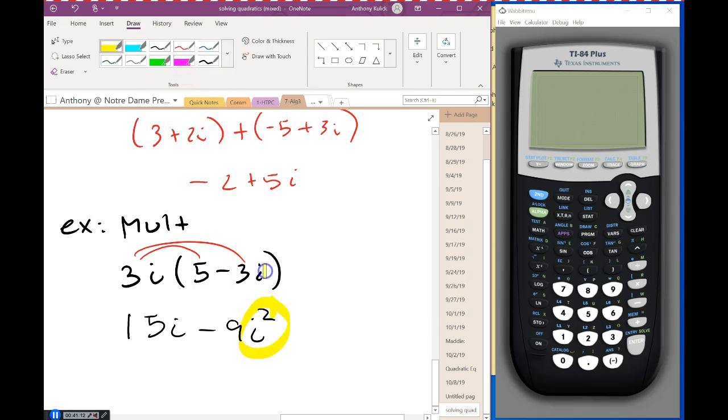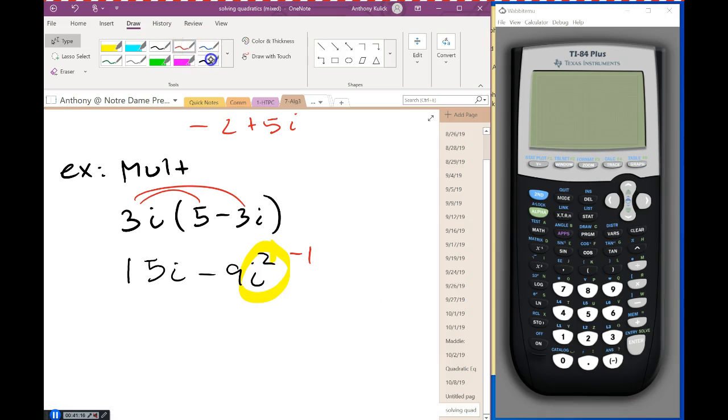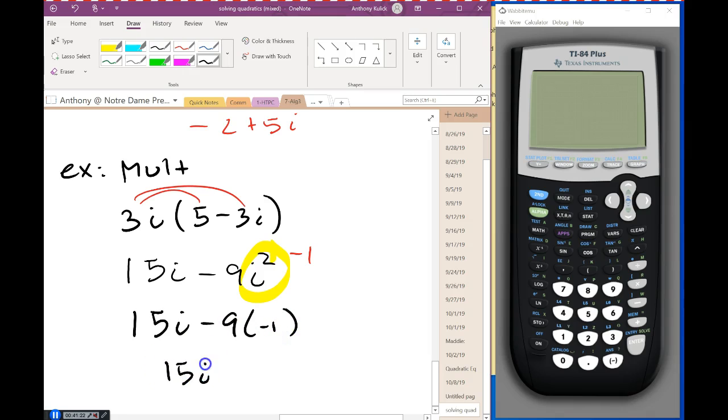Negative 1. So really, what does this become? It becomes 15i plus 9. Or really, we'd like to write it as 9 plus 15i. Everybody okay there?